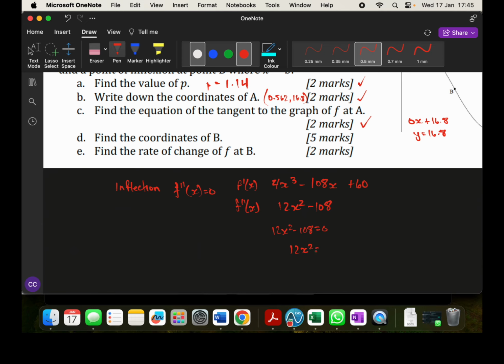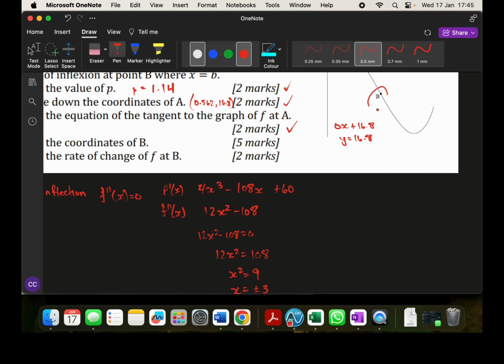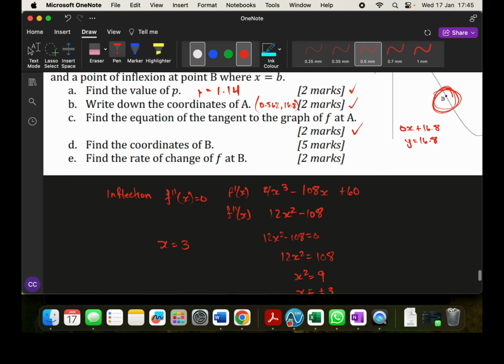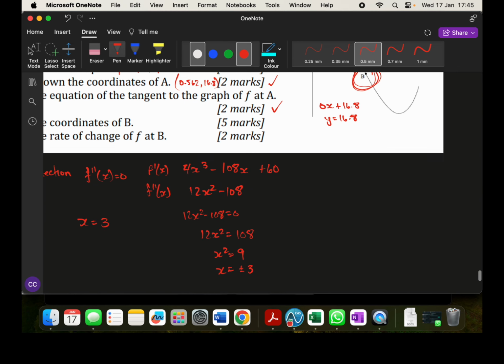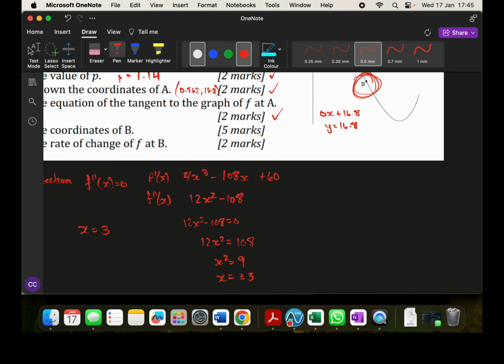So 12x squared equals 108. X squared equals 9? Yeah. So x equals plus or minus 3. However, we know that it's positive. So it's when x equals 3, that is where our inflection point is.